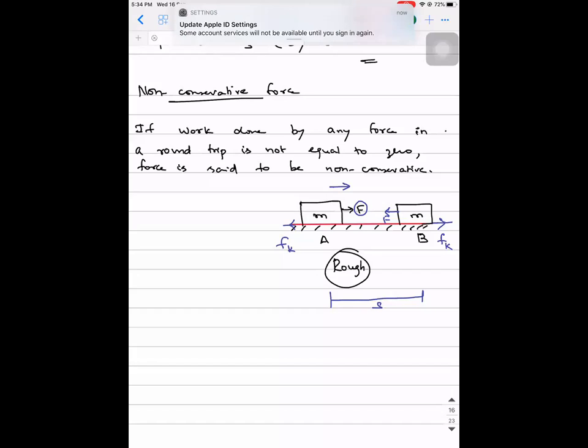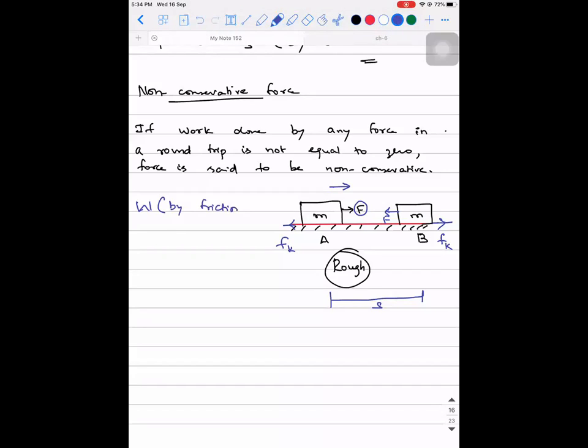So I'm going to ask you the question: what is the work done by friction from A to B? Work done, there is only one formula, Fs cos theta.